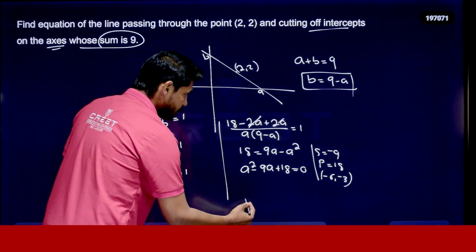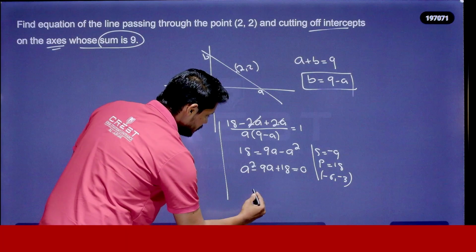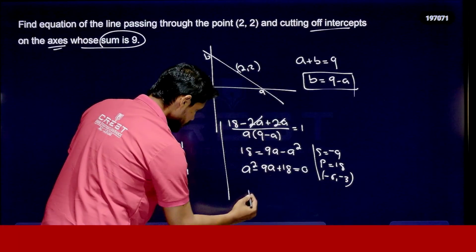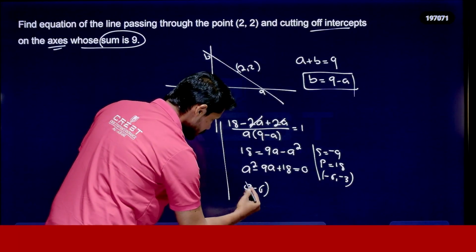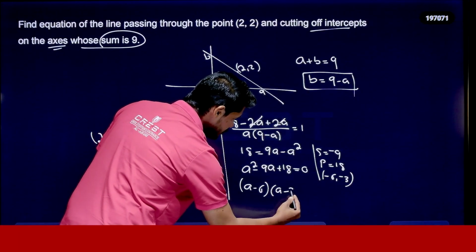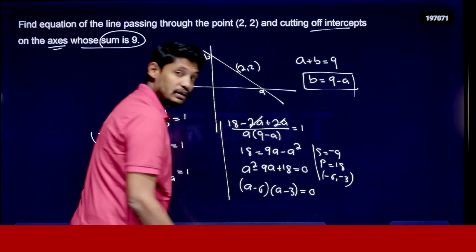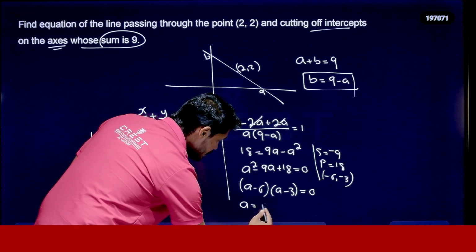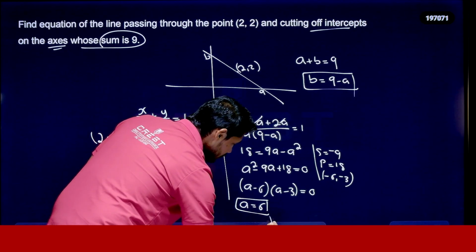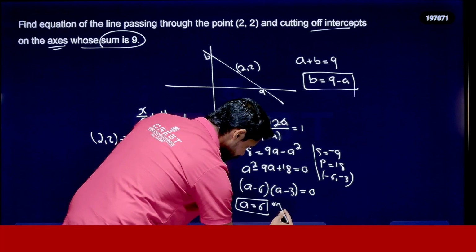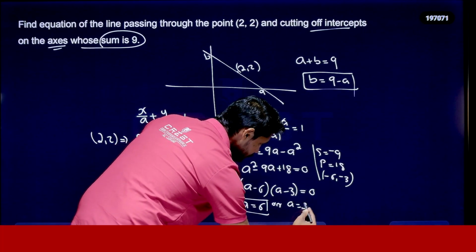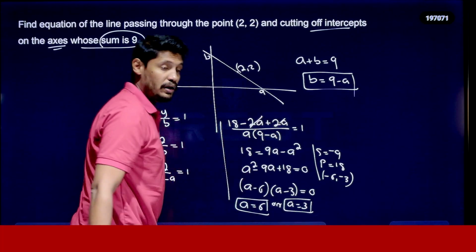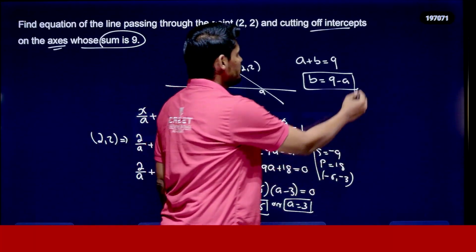So this can be factorized as (a minus 6) into (a minus 3) equal to 0. So a minus 6 equal to 0 means a equal to 6, or a equal to 3. These are the two values you get.